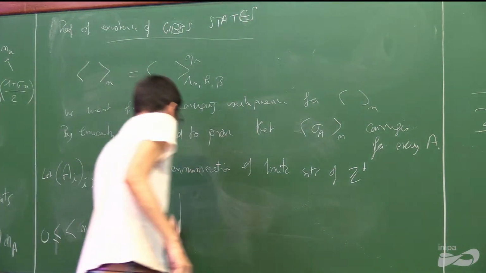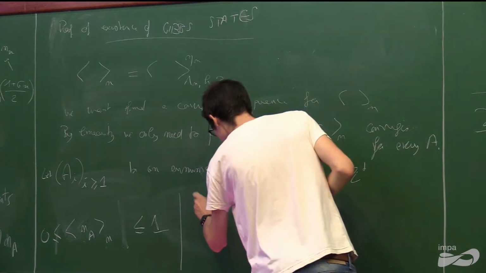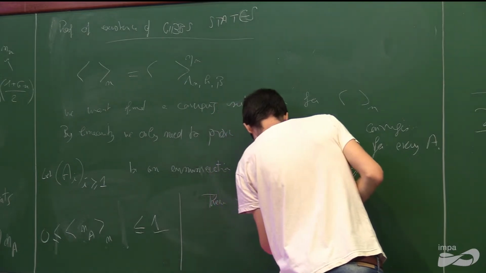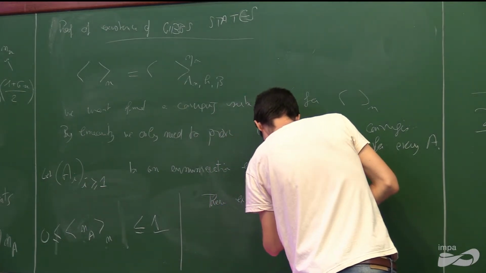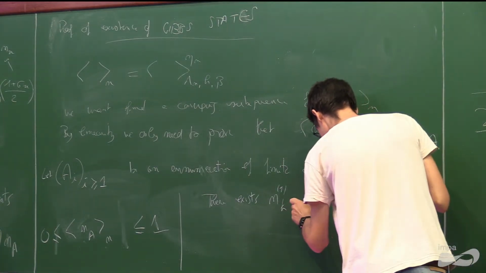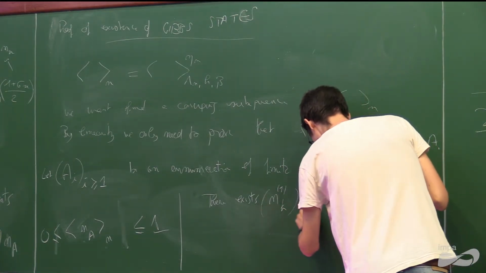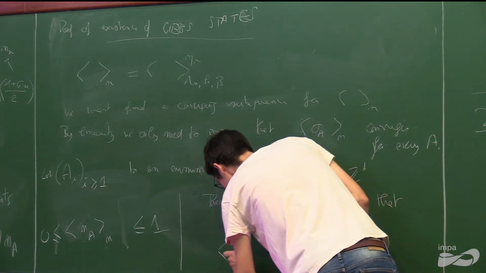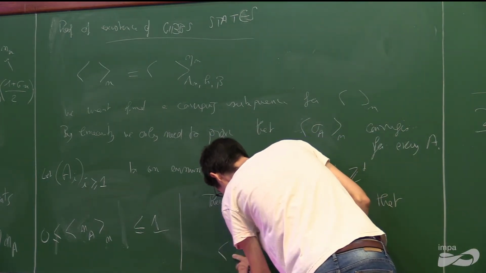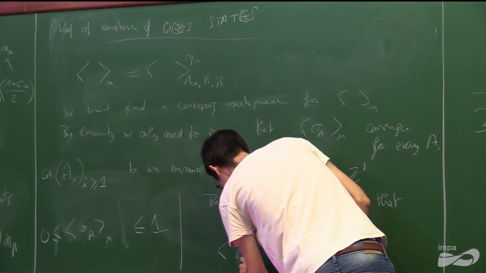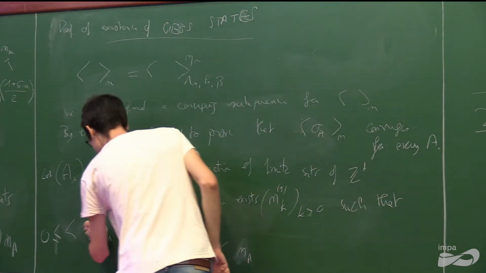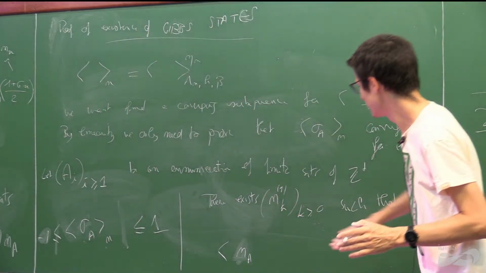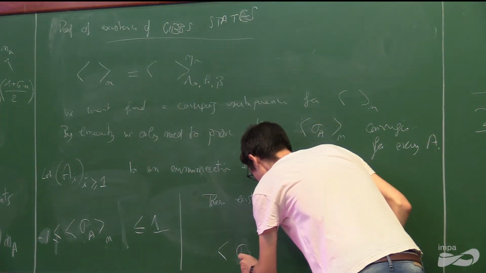So what I have is that there exists N_k^1 such that, this way I don't use the letter N for two different things, and I feel better.